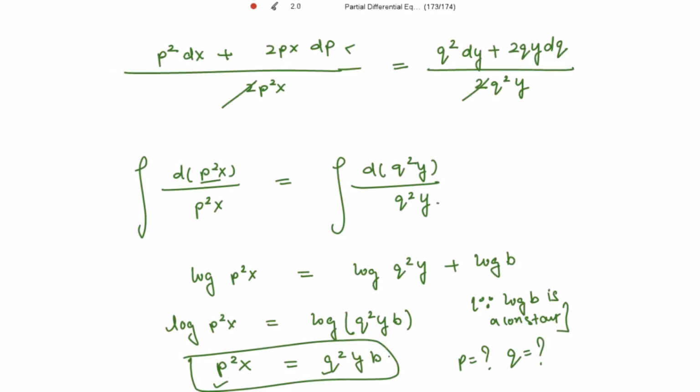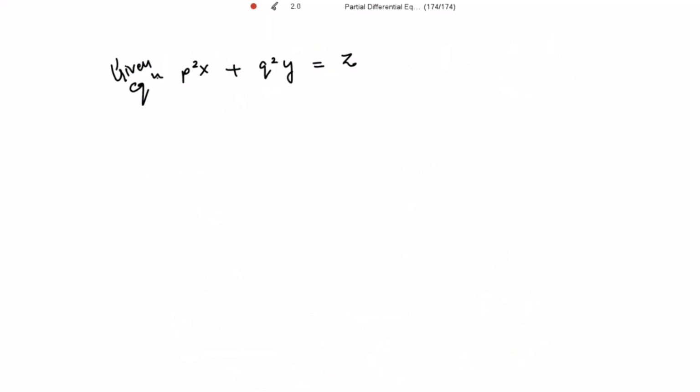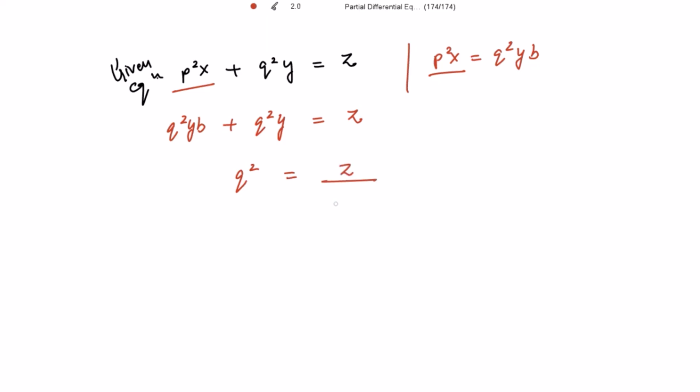Okay, what is the relation we got? p square x is equal to q square y b. I am putting p square x over here. So it is q square y b plus q square y equal to z. So from here I get q square to be z divided by y into b plus 1.